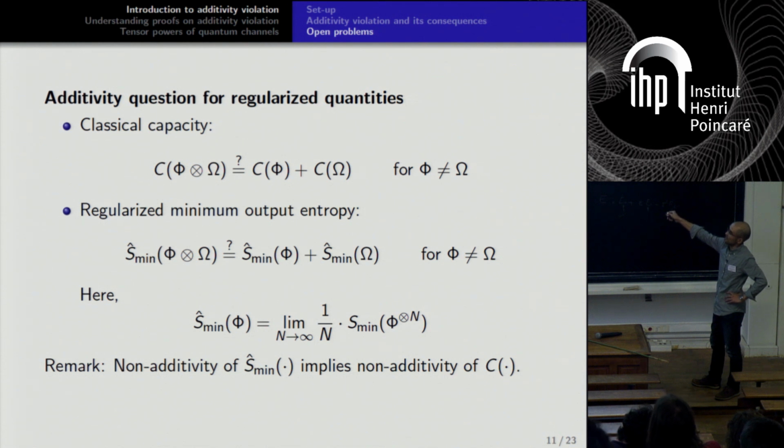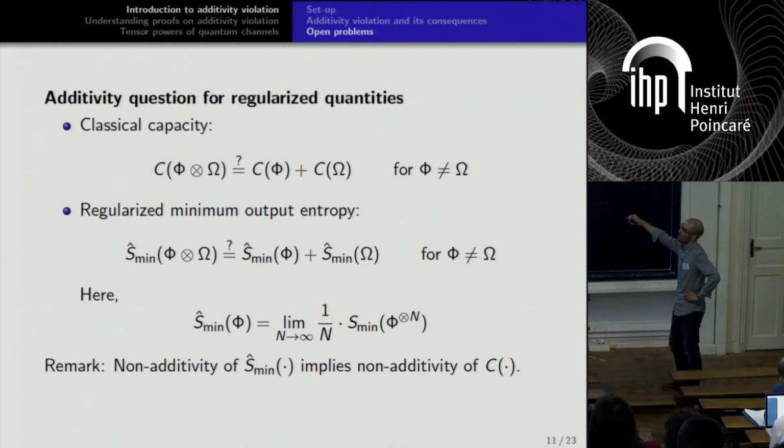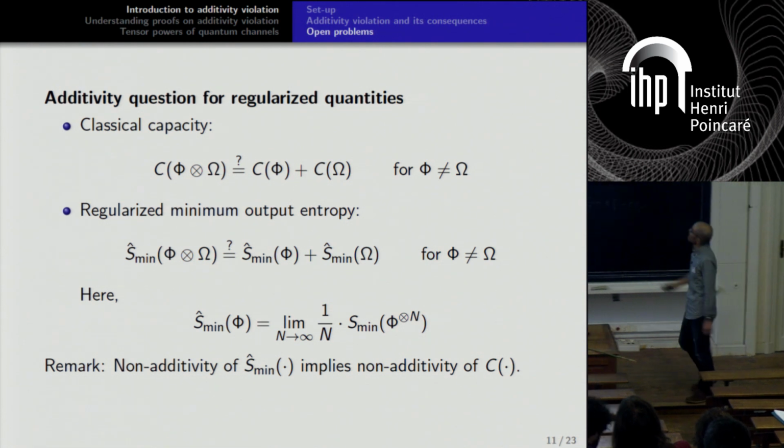And actually, this limit exists for the same reason as for Holevo capacity. This comes from subadditivity, and we can prove it within a paper, a one-page proof. Anyway, the limit exists, and we want to know if the additivity is true or not.